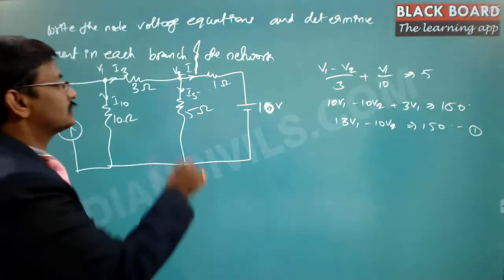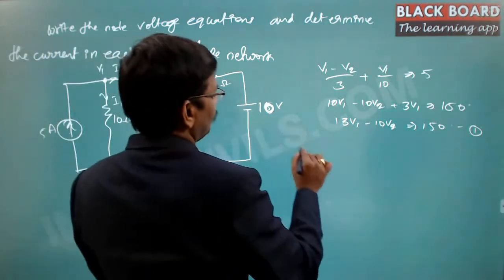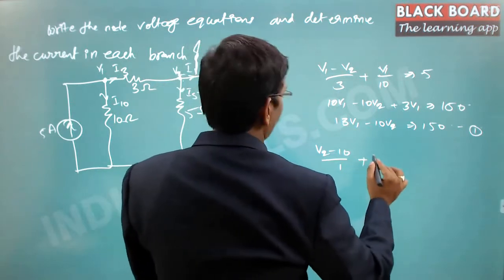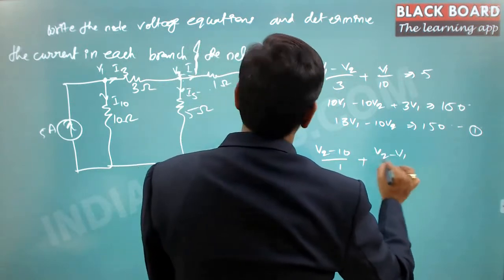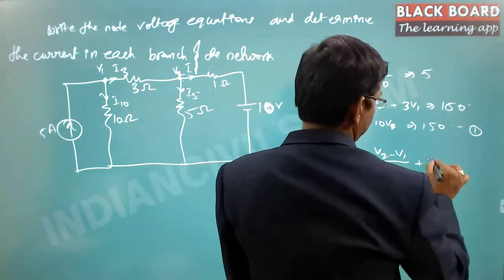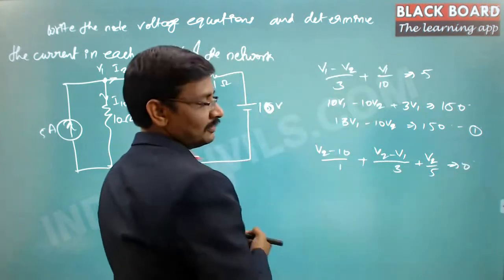And the second equation is the nodal equation at the second node. So this is V2 minus 10 divided by 1 plus V2 minus V1 divided by 3 plus V2 by 5, and this is equal to 0. Now the LCM will be 15.